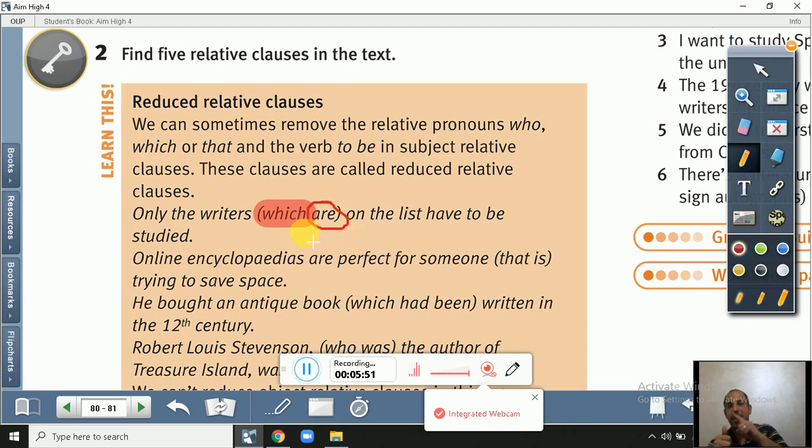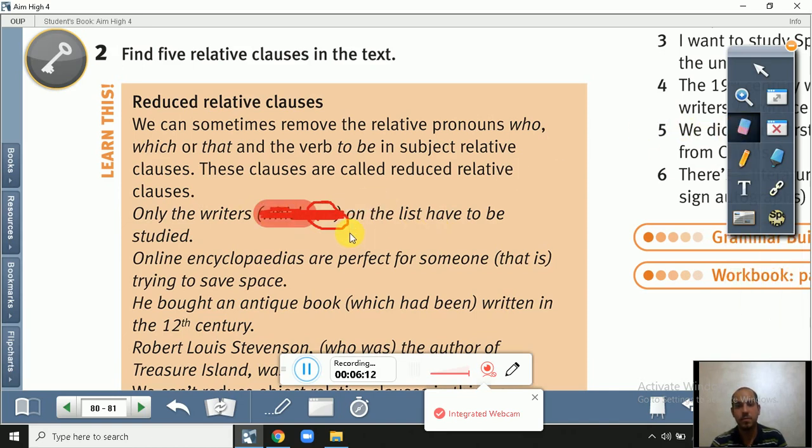Then the relative clause, which is which are, plays the role of the subject. So we can delete and omit this relative clause. So we will say: only the writers on the list have to be studied. So easy. I will not mention the relative pronoun and verb, which are.